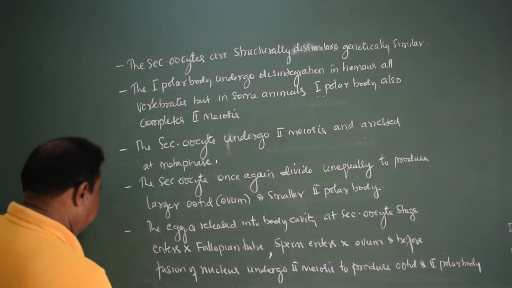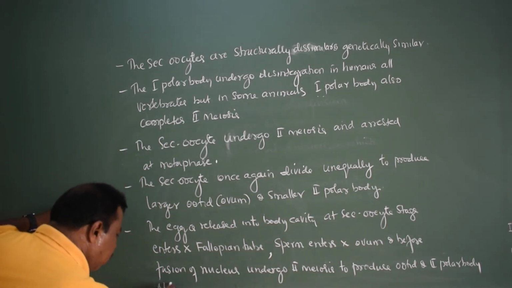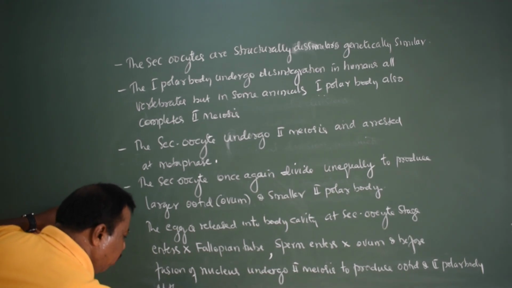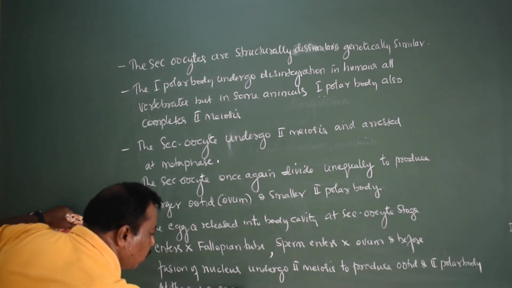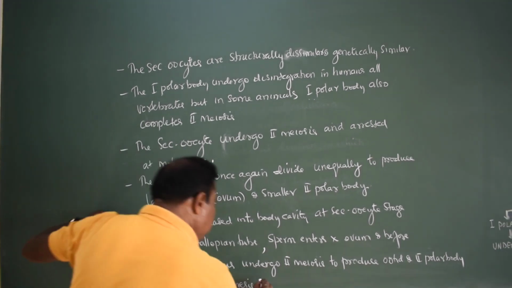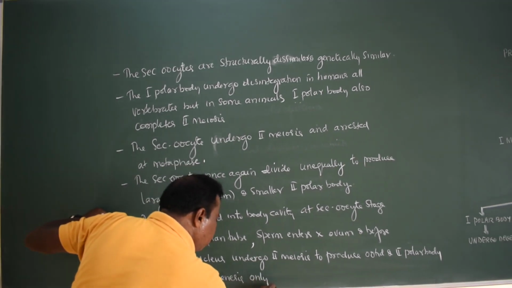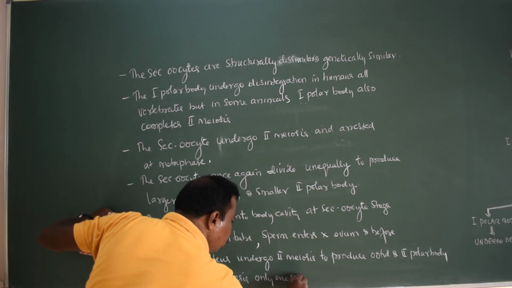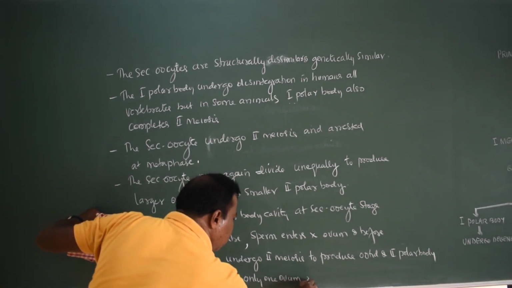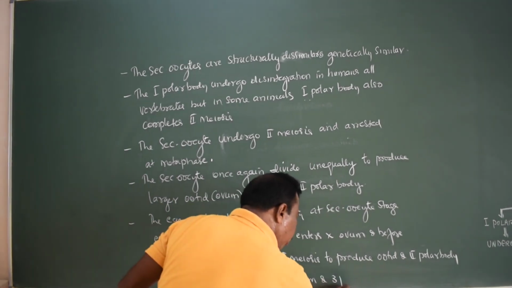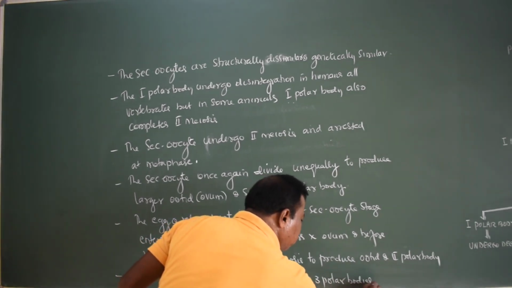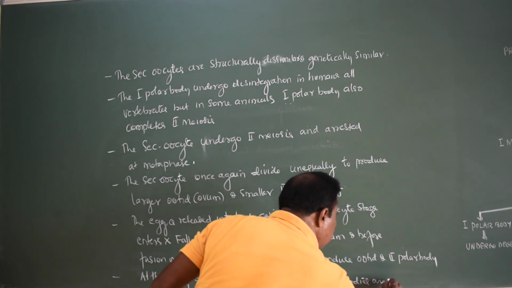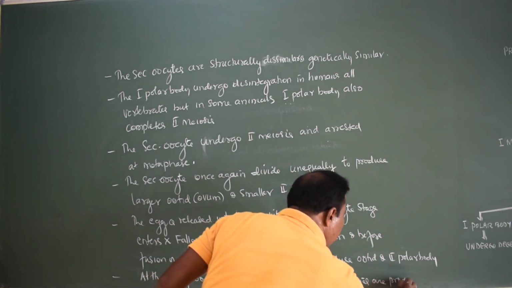So at the end of oogenesis, only one ovum and 3 polar bodies are produced.